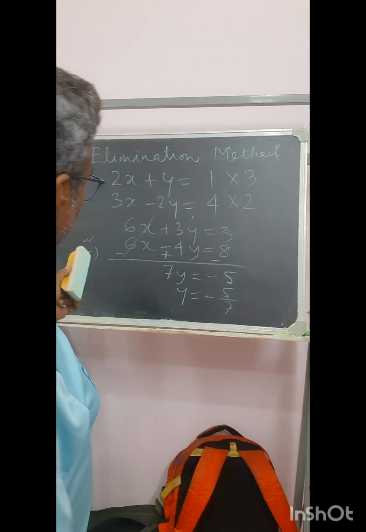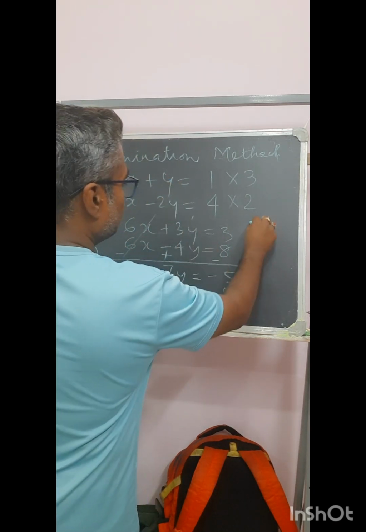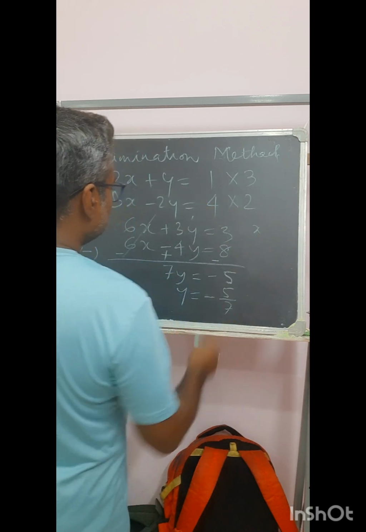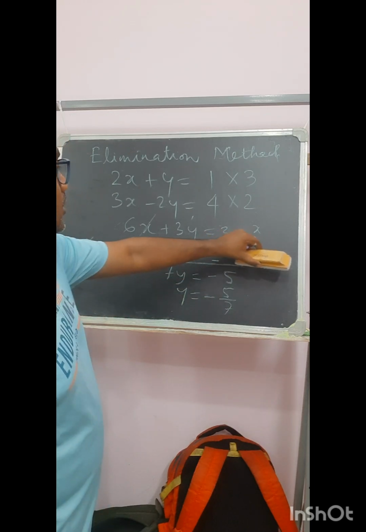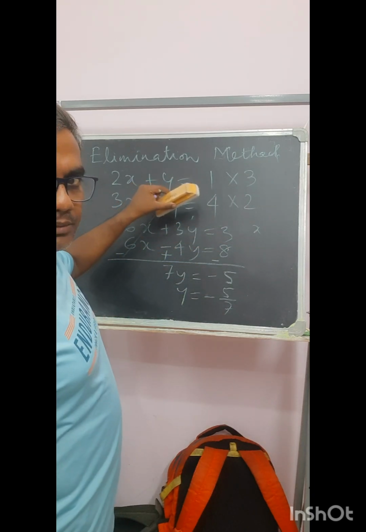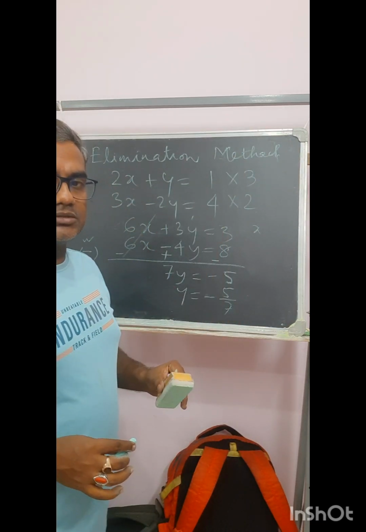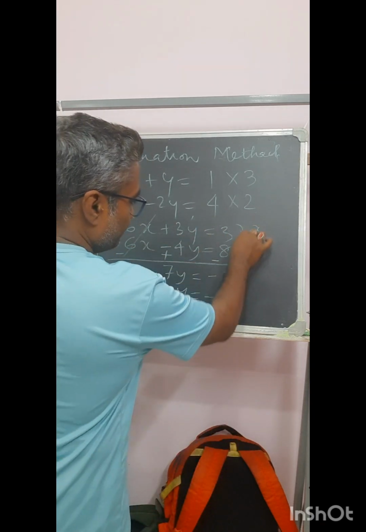Now one thing you can do, when you have got the y value by eliminating y and the x value, then in the second term, rather than doing elimination again, you can do the substitution method. So this will be a combination of elimination and substitution to avoid this further calculation.